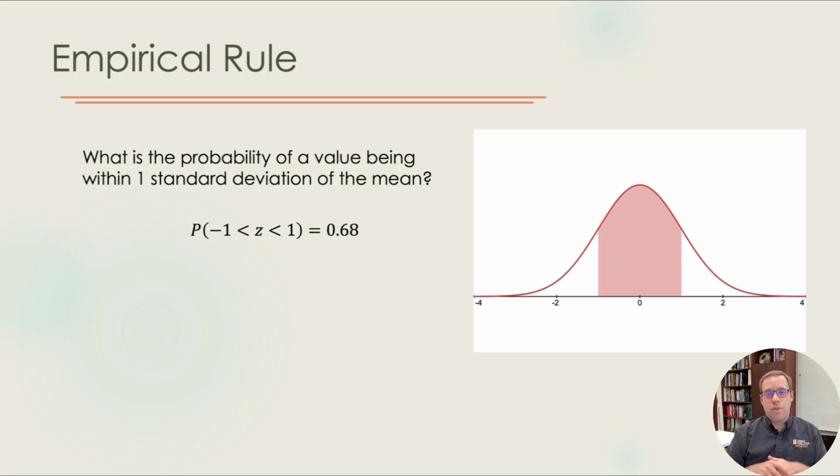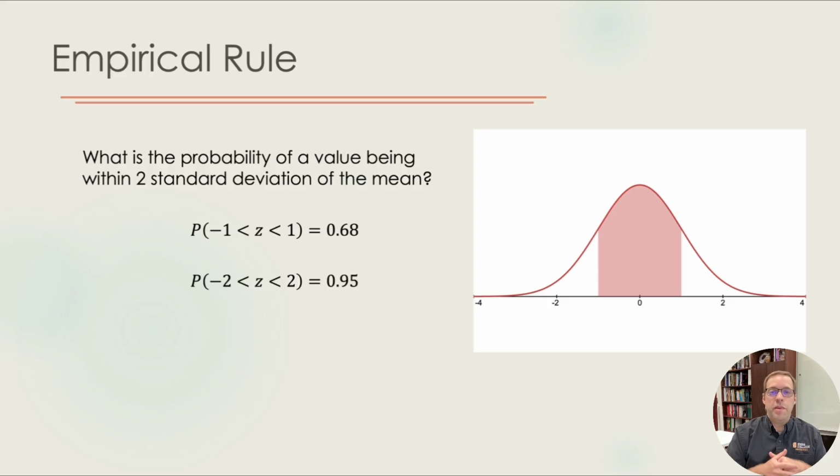That came from this right here. In the next few videos, I'll show you how to actually do these calculations. But once you have that, you can come back here and verify that this is true. The area between -1 and positive 1 is about 0.68. So the probability of being within one standard deviation of the mean is 68%.